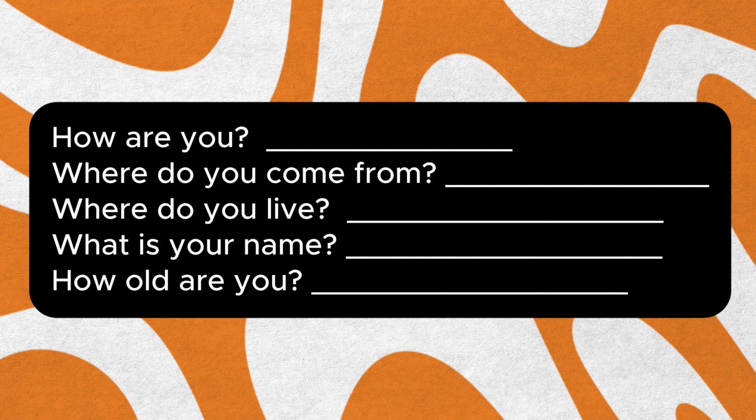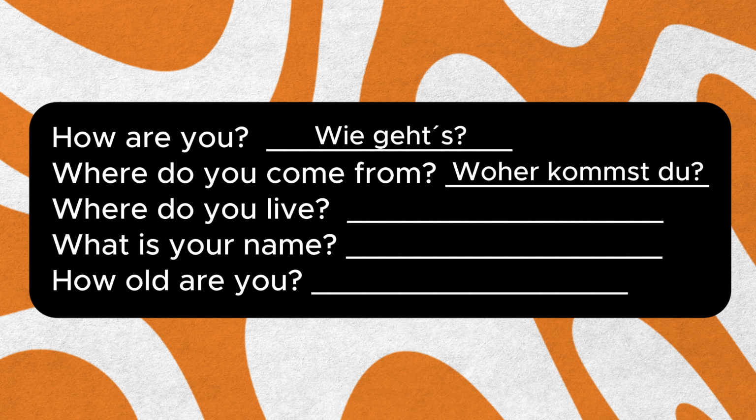Translate the sentences. Can you read the first sentence for me in German? That's right. Wie geht's? That means how are you? The next one. Where do you come from? Woher kommst du? Repeat after me.